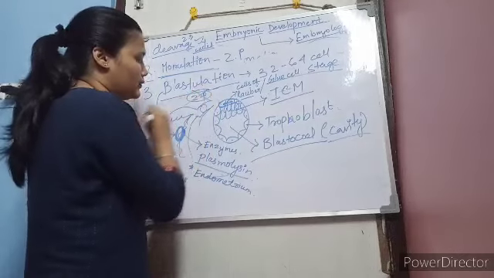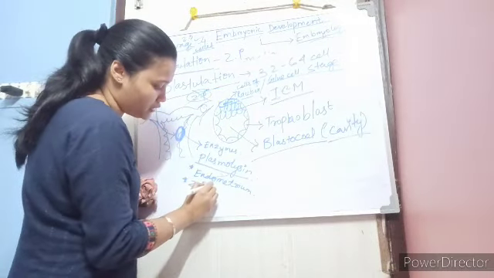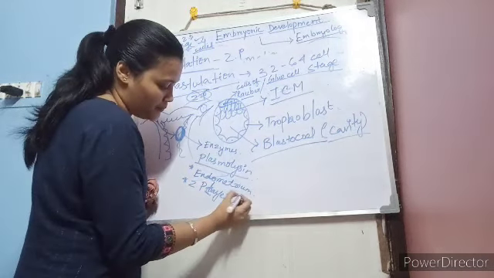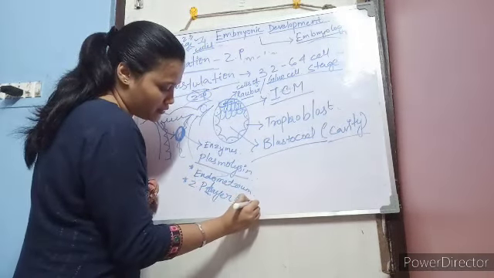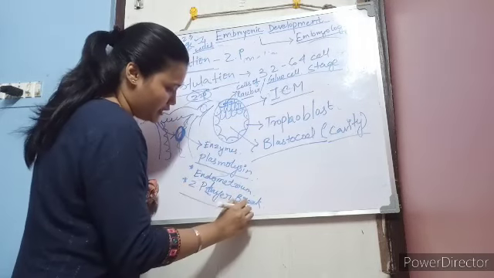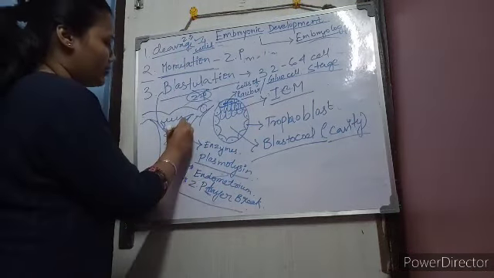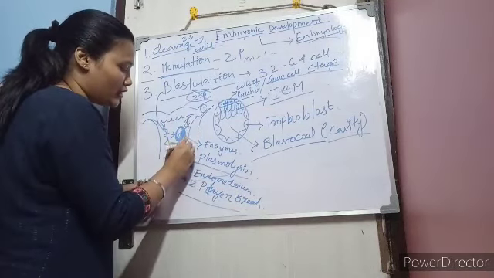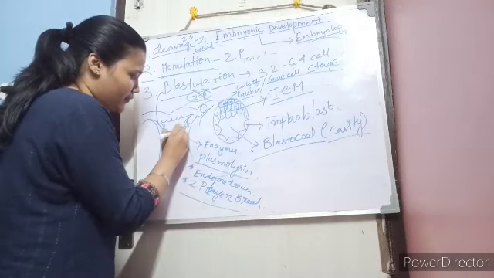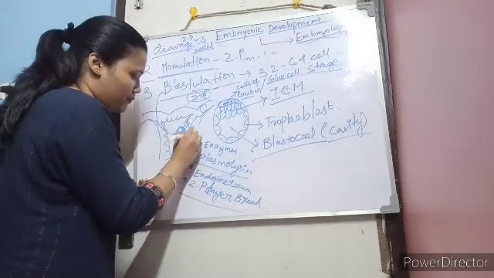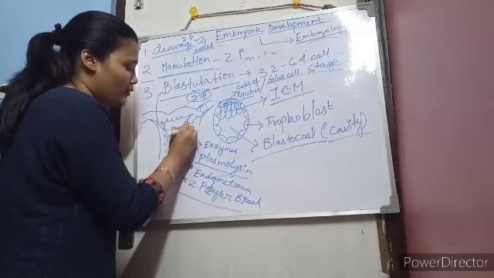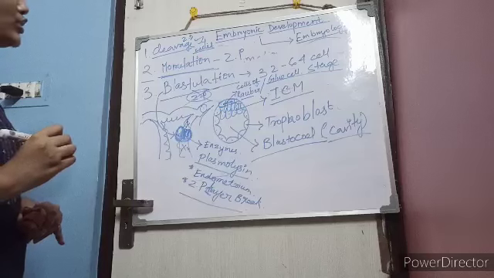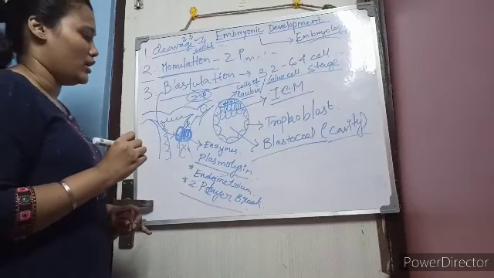The zona pellucida layer around the cell layer breaks in the fertilized egg. So it will implant inside the endometrium. The endometrium will rupture, and it will take a permanent place on this region. This we call implantation.